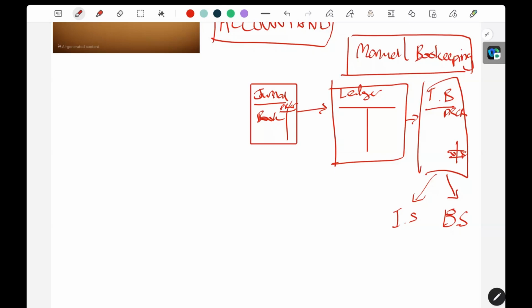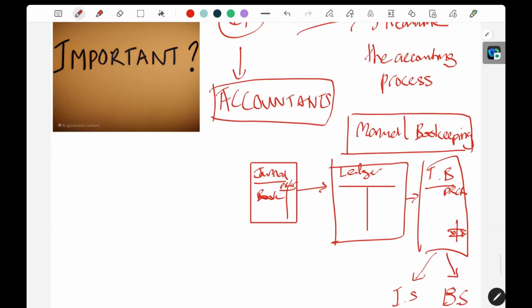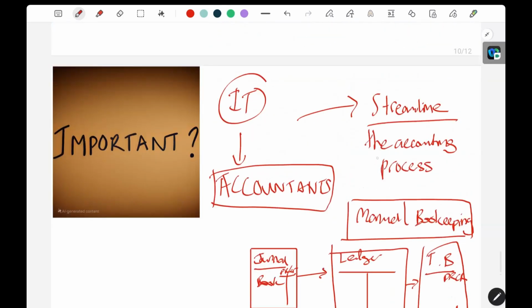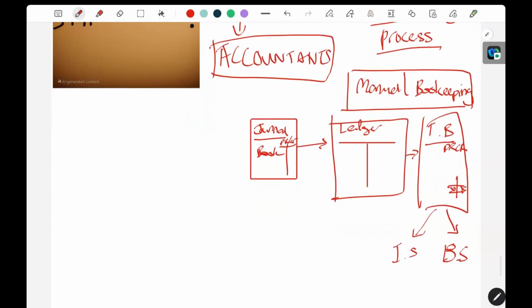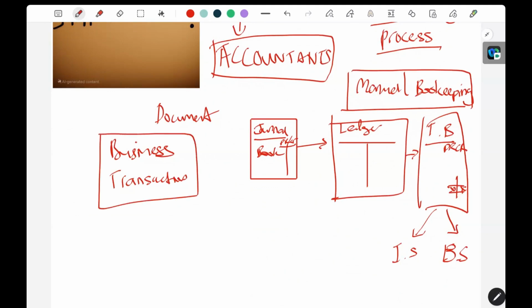Never mind. All right, these are all the manual bookkeeping, right? I'm talking about streamline the accounting process. Basically, over here we got all the documents. Not just any other document; they are the business transactions, right?